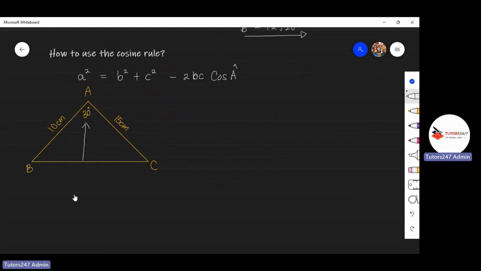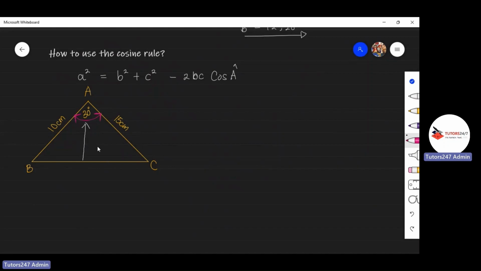Now, how do we figure out which sides we are going to use in place of b and c? Because those are important. We need to know what to substitute. So in order to find that, all you need to do is draw an arc around the angle that you are going to use. So we're going to draw an arc around the 30-degree angle. Once you've drawn your arc, you can now put in arrows at the ends of that arc.